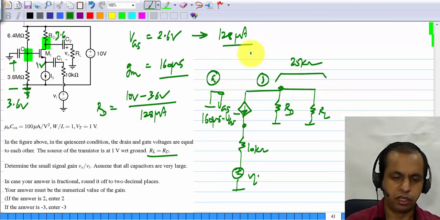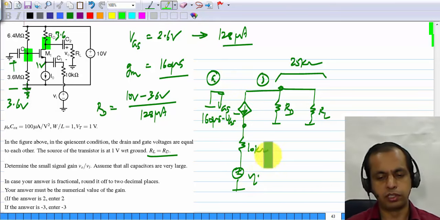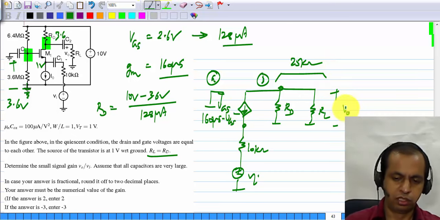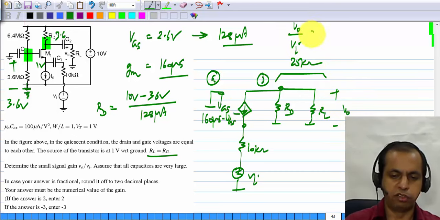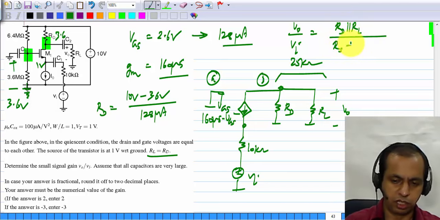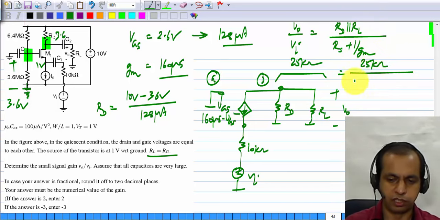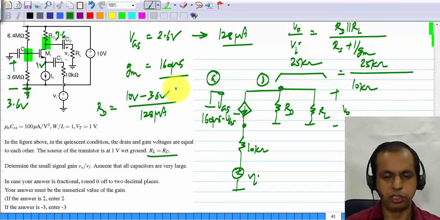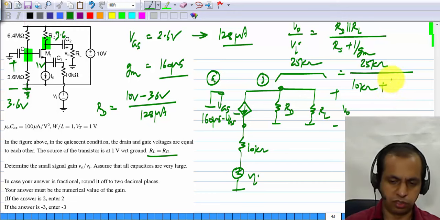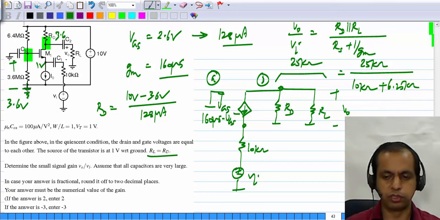Of course you can go and analyze this from scratch, but essentially you know that here V0 by Vi will be RD parallel RL divided by RS plus 1 by GM, which RD parallel RL we know is 25 kilo ohms and RS is 10 kilo ohms, and 1 by GM is 1 by 160 microsiemens, or 6.25 kilo ohms.